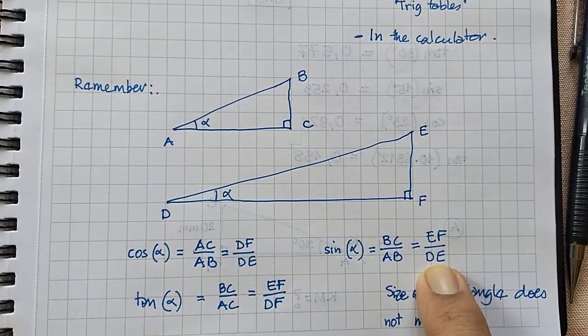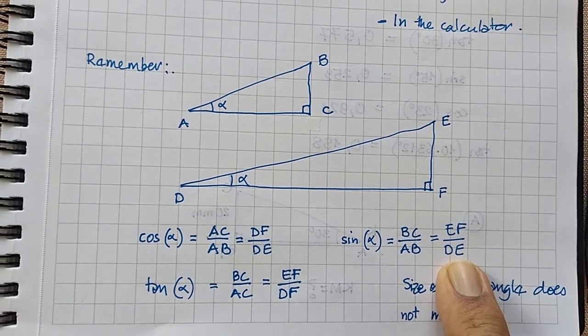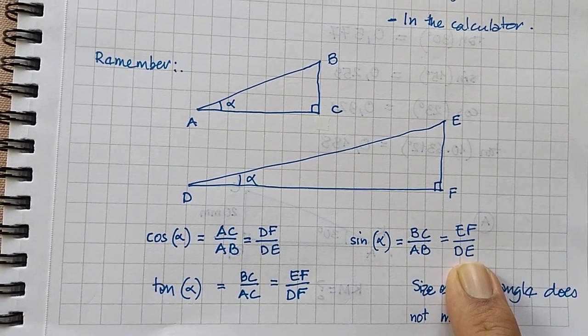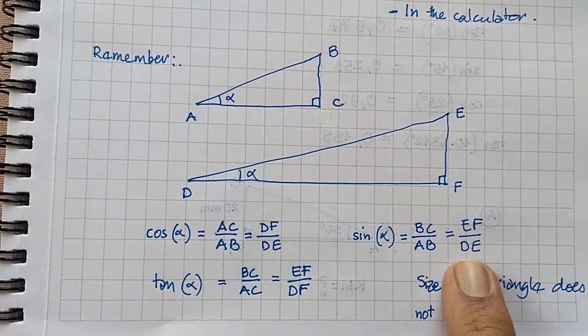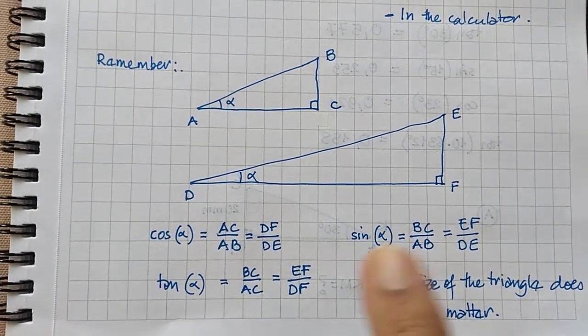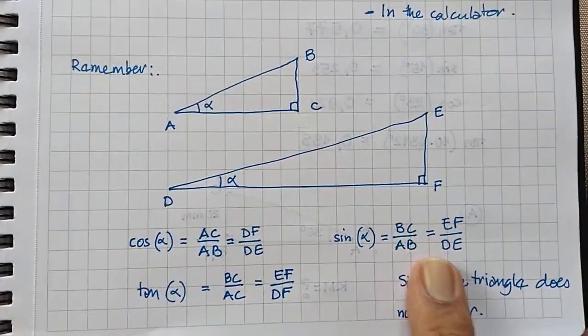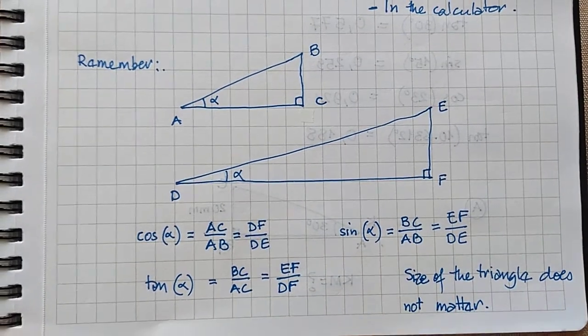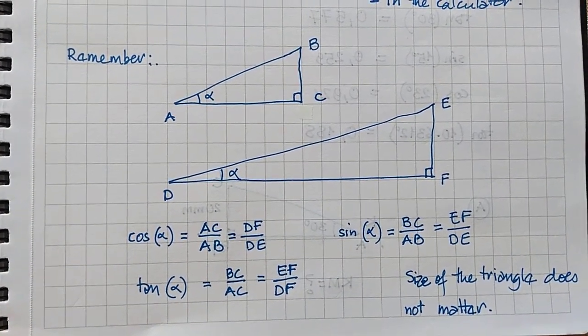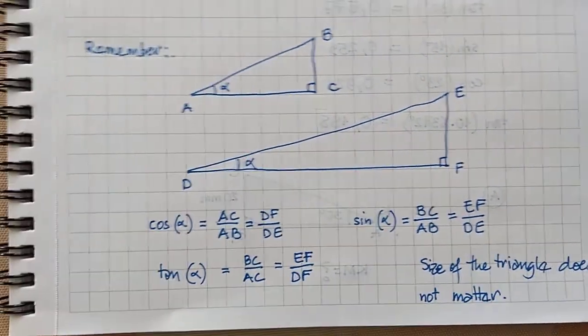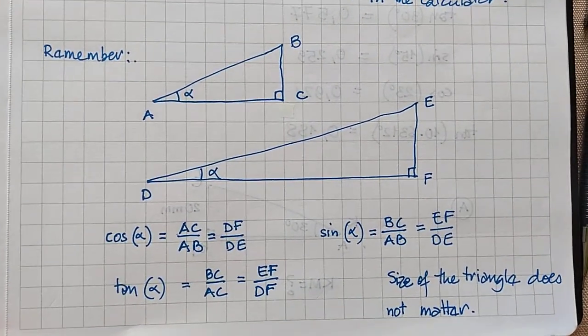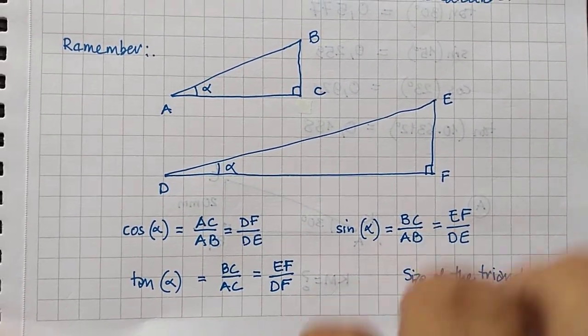This follows from Théorème de Thalès de Proportionnalité as well as similar triangles. This is the sole reason that we did the similar triangles chapter, just so that it gives us the basis for trigonometry. Okay.